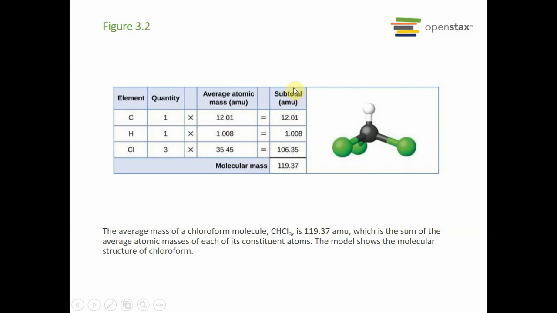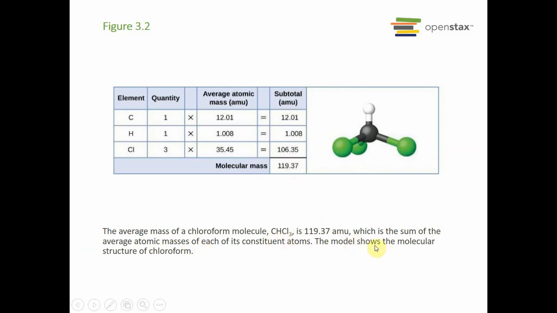Anyway, so we have these atomic weights times the numbers in the formula, the number that goes into the formula, and we add it all up, and that is the molecular weight or molecular mass of the molecule of chloroform. The average mass of a chloroform molecule is 119.37 atomic mass units, which is the sum of the average atomic masses of each of its constituent atoms.